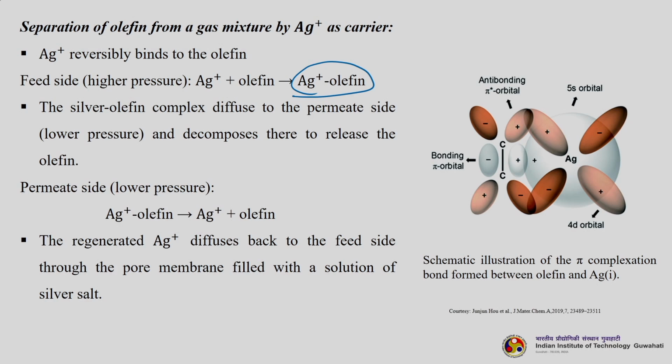In the permeate side the complex dissociates again to silver and olefin. Now, the regenerated silver diffuses back to the feed side through the porous membrane filled with a solution of silver salt. This is the schematic illustration of how the pi complexation bond forms between olefin and silver. It is not a reaction, basically you can say it is the bonding between silver and olefin.